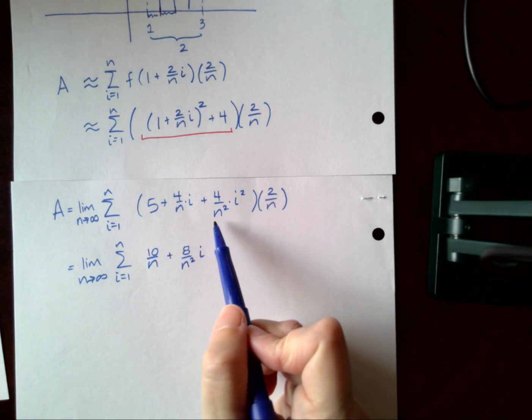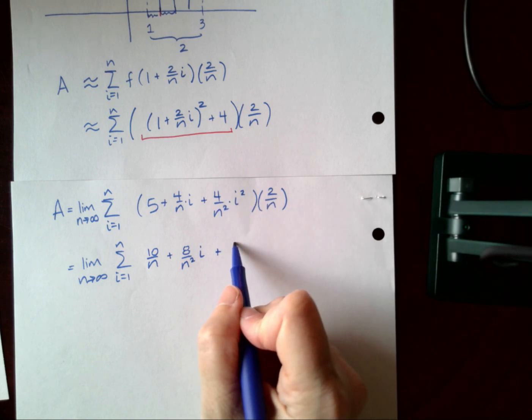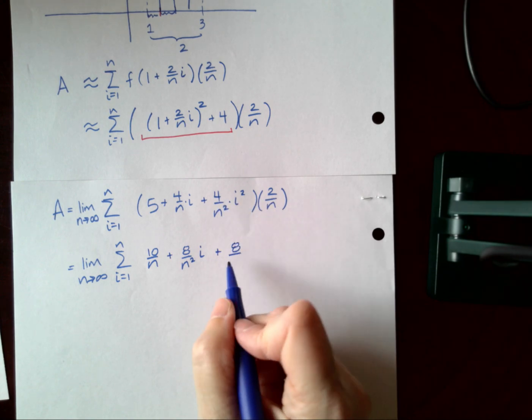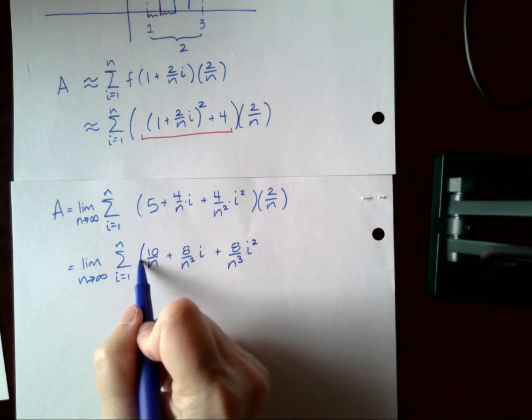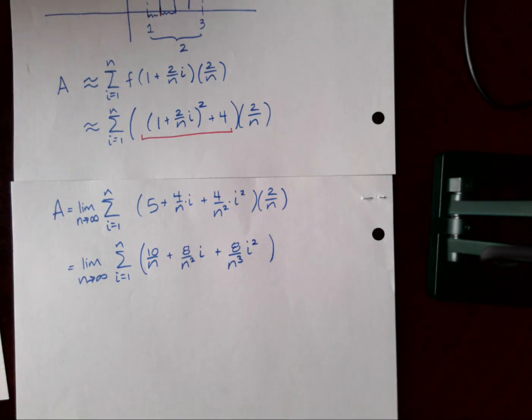And then 2 over n times the third term, 4 times 2 is 8. n squared times n is n to the third, and then we have the i squared. So we multiplied the width all the way through.